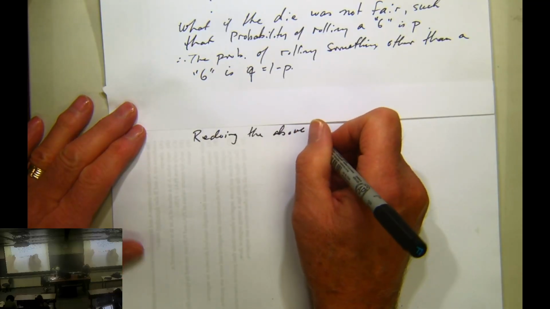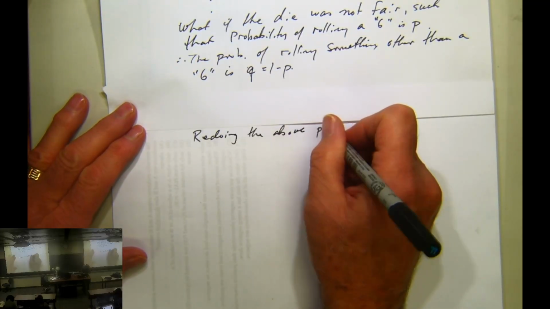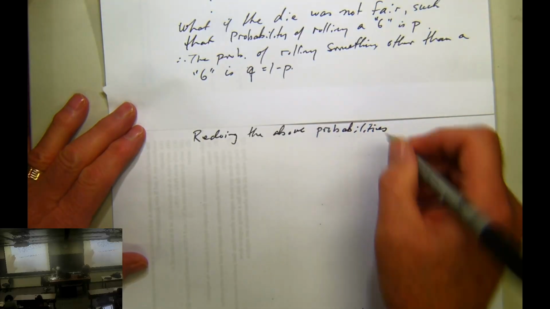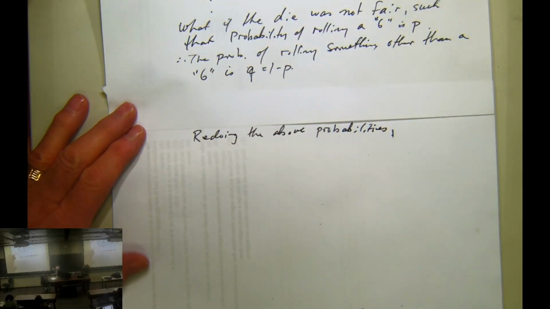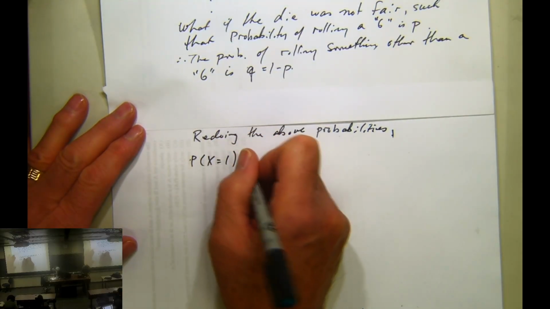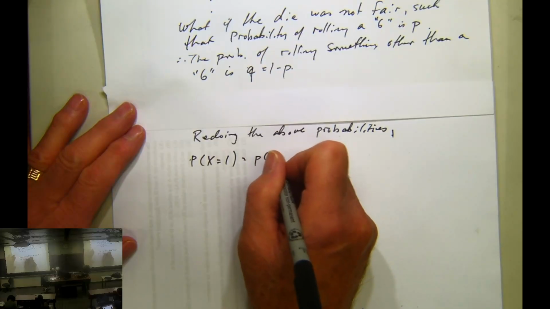Redoing the above probabilities, we might say probability x equals 1, call it p of 1.